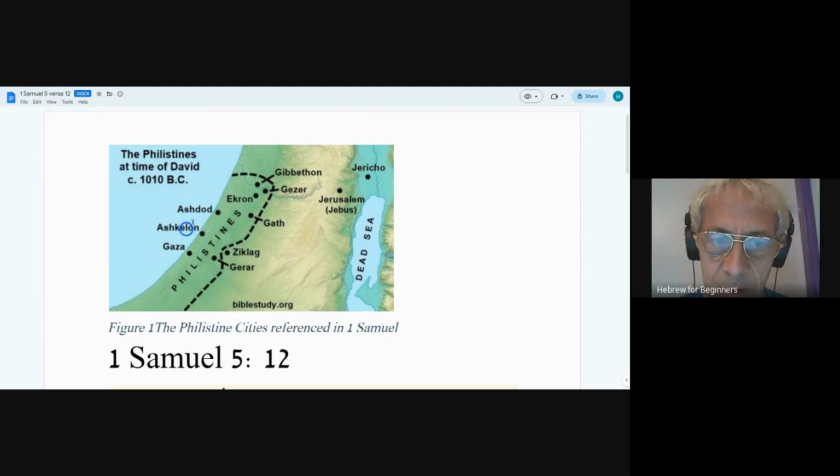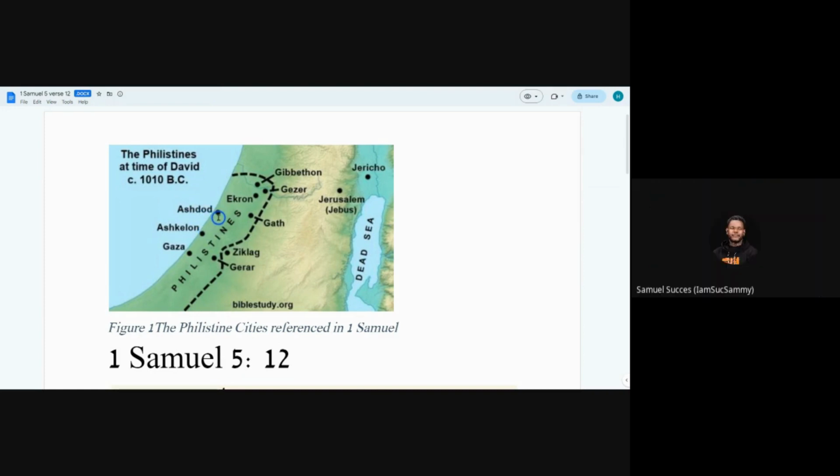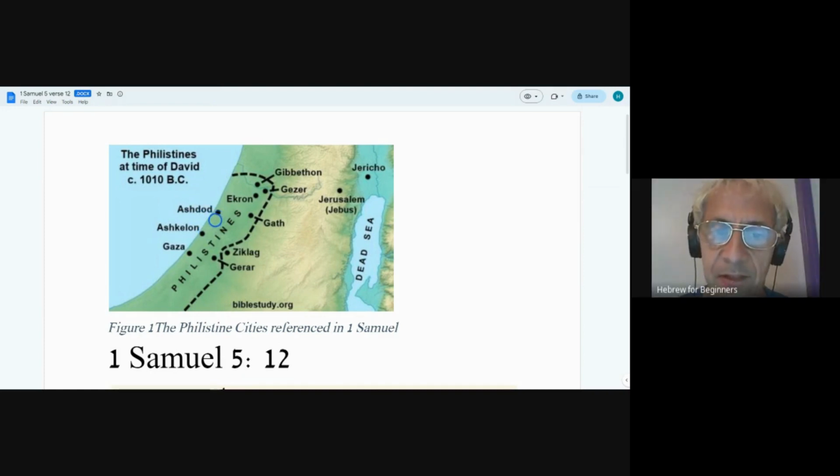So Ashdod and Ashkelon are now archaeological sites, and I believe they are also sites where people currently reside. I think they are also modern cities. And Ekron and Gat. These are all cities where there are archaeological excavations that connect us back to the time of King David, basically.